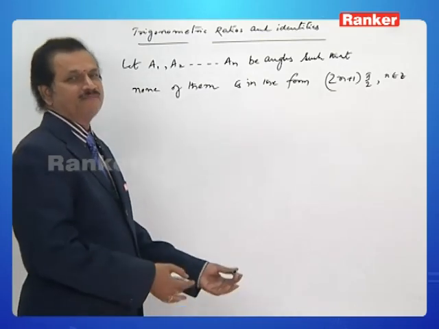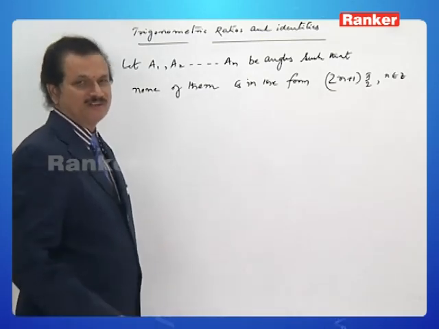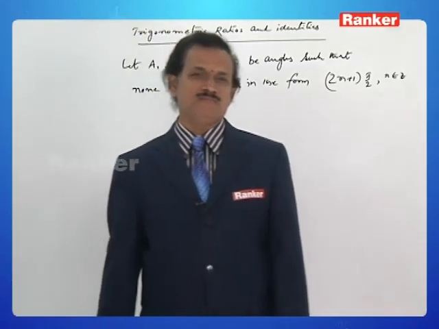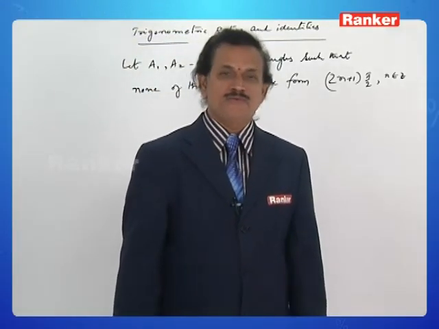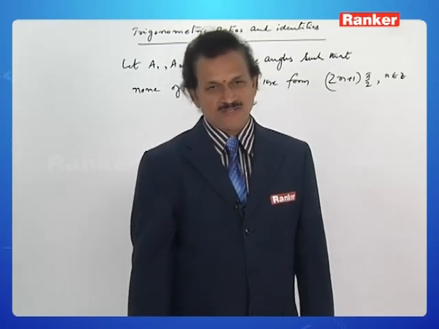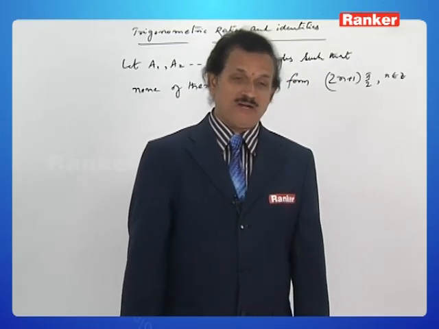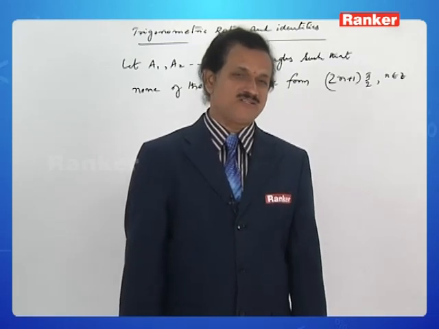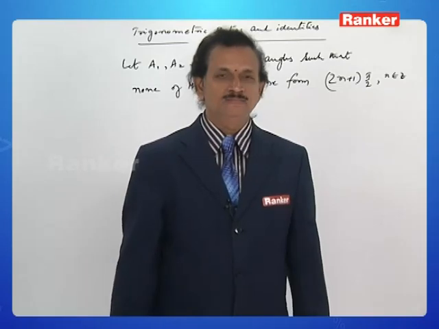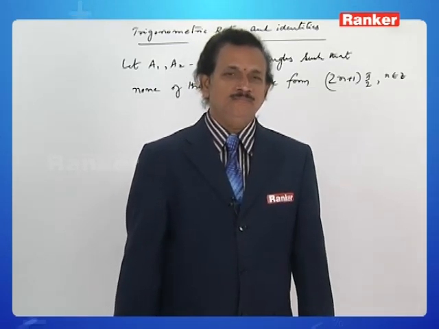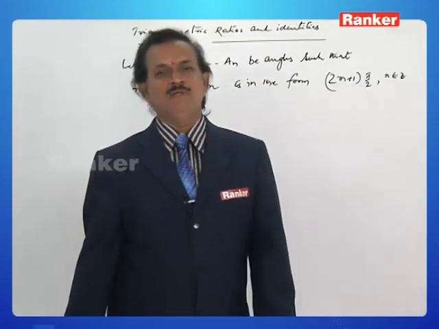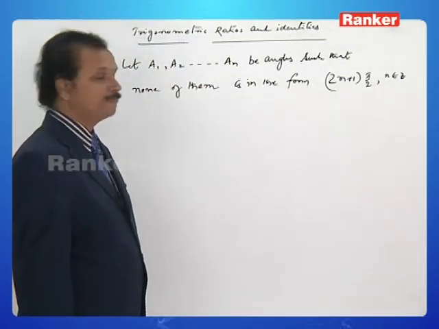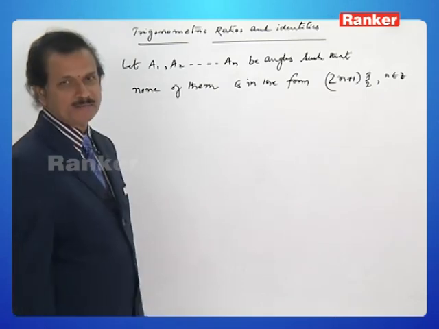It is the need of the hour, the need of the question, need of the discussion. So to have tan a1, it must not be equal to 2n plus 1 into pi by 2, isn't it? Just like that, I would like to consider tan a1, tan a2, tan a3, etc., tan an also. So for that purpose, I should have none of a1, a2, etc. an in the form 2n plus 1 into pi by 2.